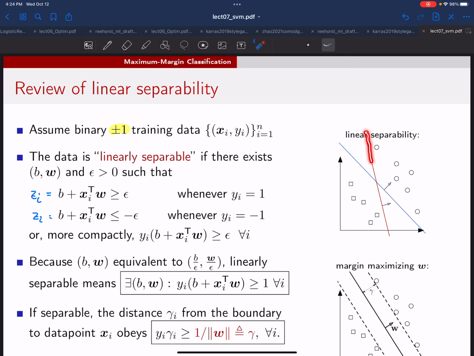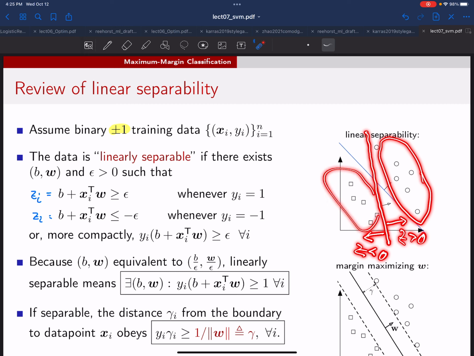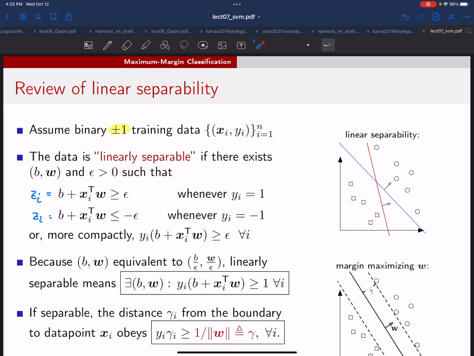Because remember that when you consider this hyperplane, when you write on the hyperplane, Z, the score, is 0. As you go on one side, let's say that this is the ones class, you have Z positive, and on the other side, Z is negative, that would be the minus ones class. So basically, if your scores align with your labels perfectly for every point, you have a linearly separable data set.